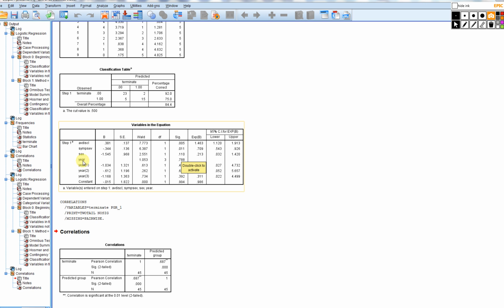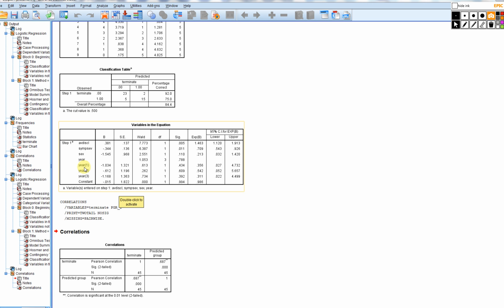With respect to the year variable, essentially we have 3 dummy variables that incorporate the information in the original year variable. What we have for this first dummy variable is a comparison between the sophomores and the freshmen.